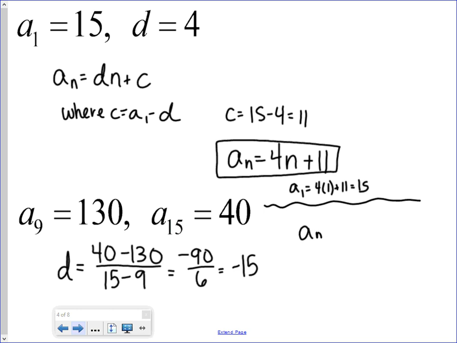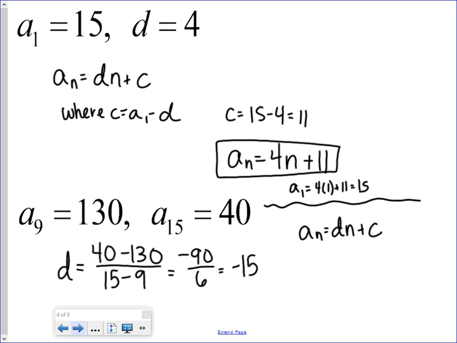A sub n equals dn plus c. And normally I would say where c is equal to a sub 1 minus d. But the thing about this particular example is I don't know what a sub 1 is, the first term. So in cases like this, and if you have a formula, you can pick either term. It doesn't matter which one you choose.